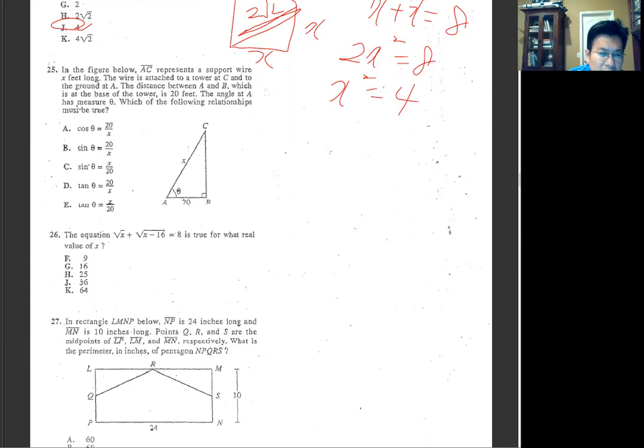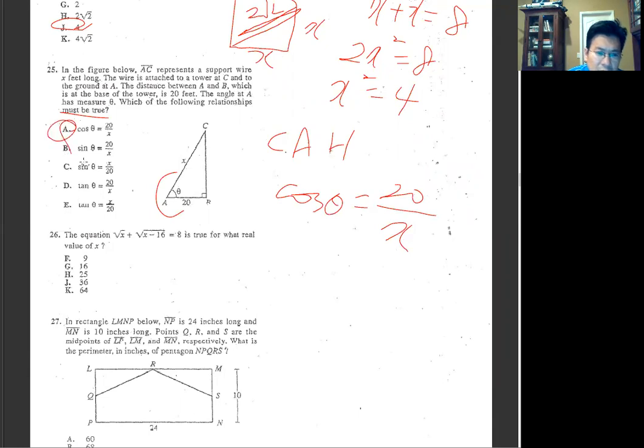Which of the following relationships must be true? So this means cosine, adjacent over hypotenuse, adjacent to 20. So cosine theta is 20 over hypotenuse x. So cosine this a.